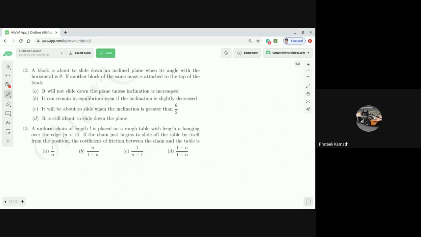Sir, I think 12 is A. What about Shrest? Sir, D. Correct, it is D. Angle of repose does not depend on the mass of the body.